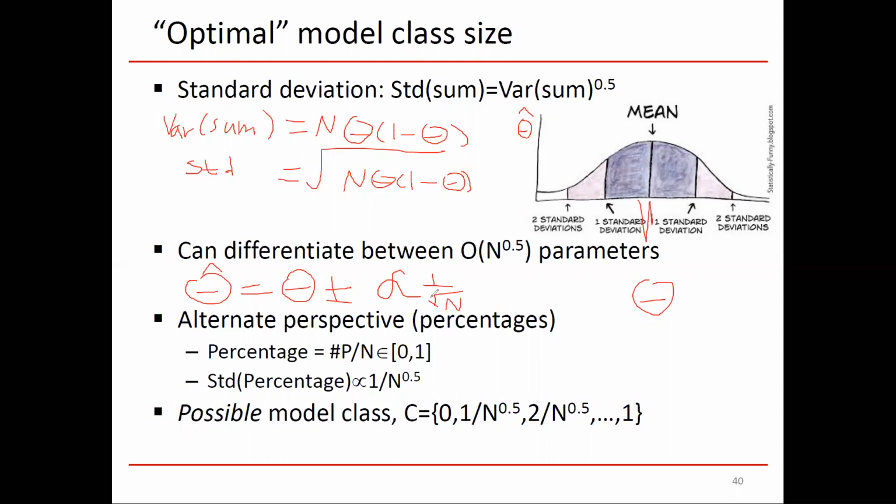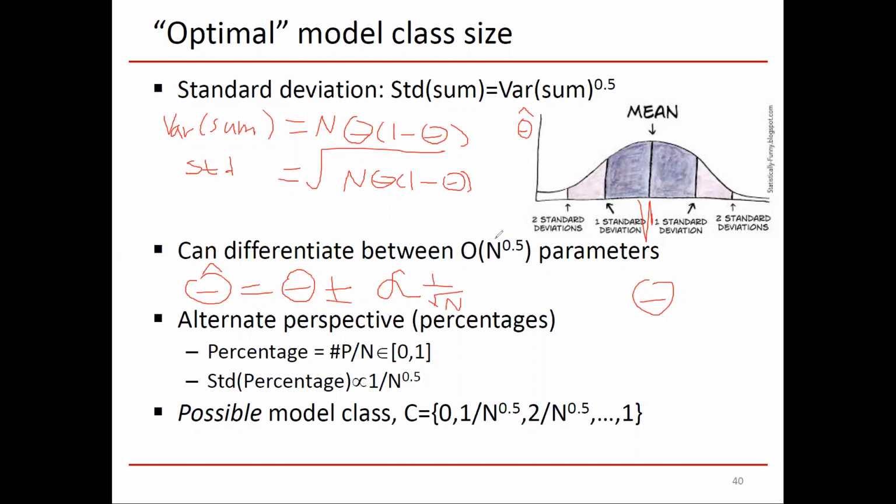So even if I know the true theta, anything that's give or take 1 over the square root of n away is what we would expect. And the possible range for theta hat is from 0 to 1. And for any true theta, the range of interest will be proportional to 1 over the square root of n.